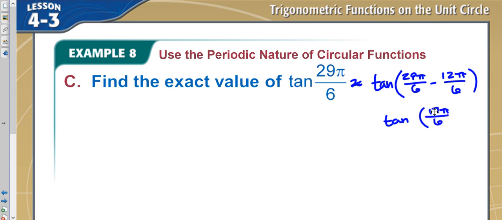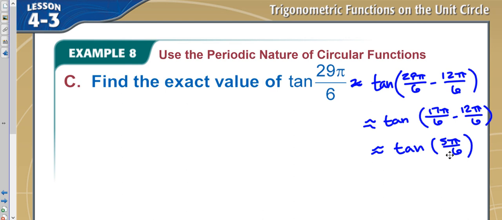Again, that's greater than 2 pi. So just think about it. It couldn't follow the rules. It's not a times 2 minus 1, anything like that. So I take away another 12 pi over 6. And this would be equivalent to 5 pi over 6.